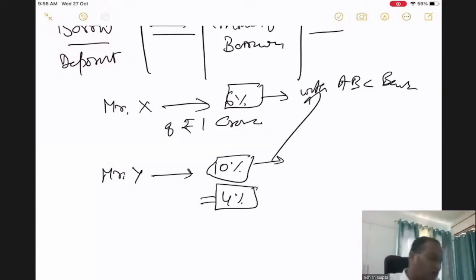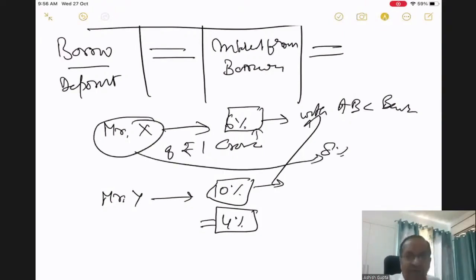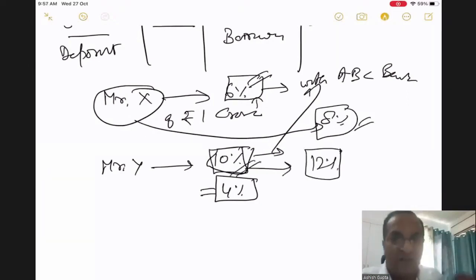Now tomorrow what happens? The rate of interest in the market becomes 8%. Mr. X says I want to encash my FD and give back my money, because I will invest at 8% rather than 6%. But Mr. Y may not say that borrowing interest rate has become 12%, I will refund this loan and take another loan.